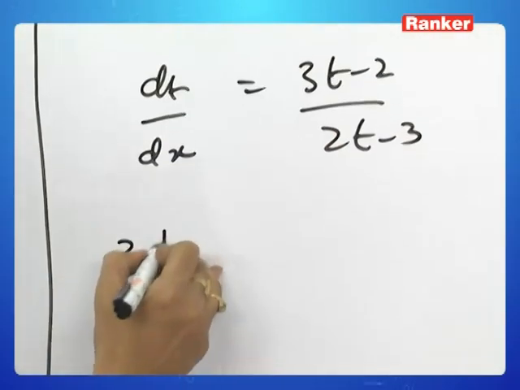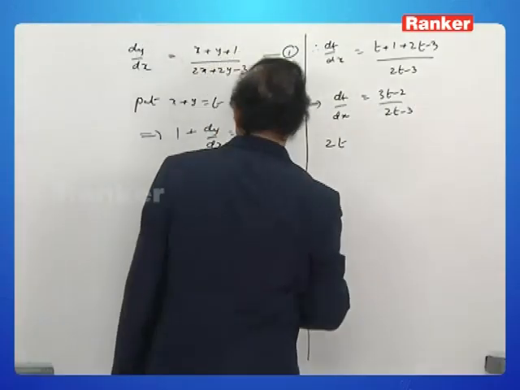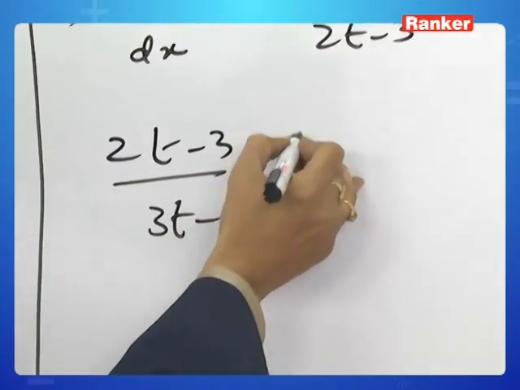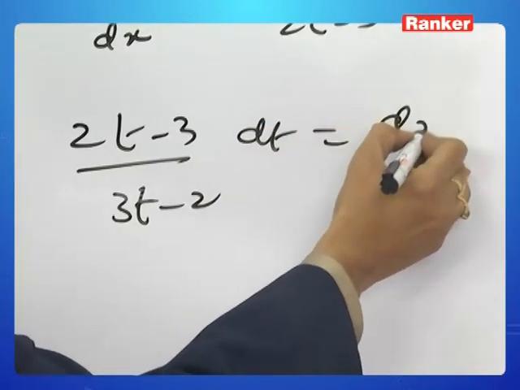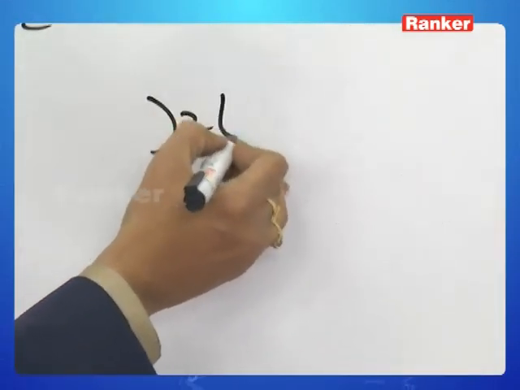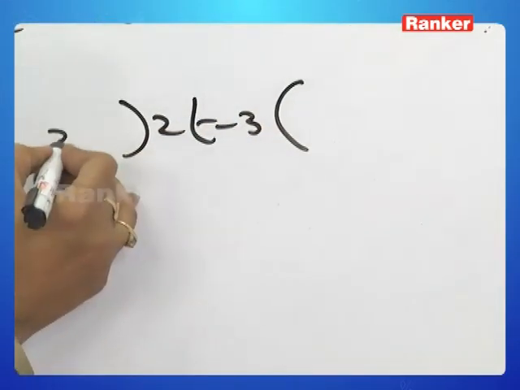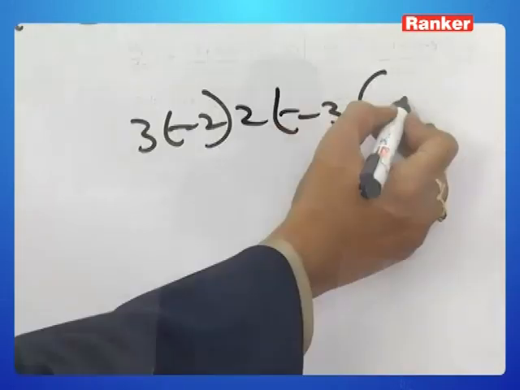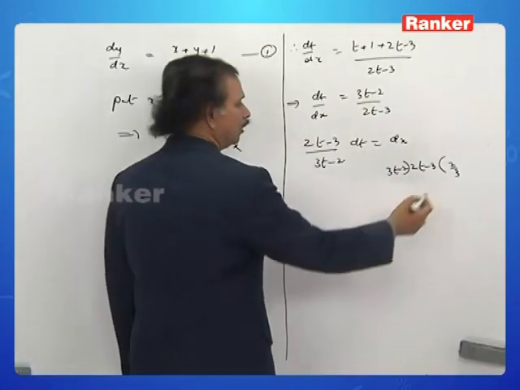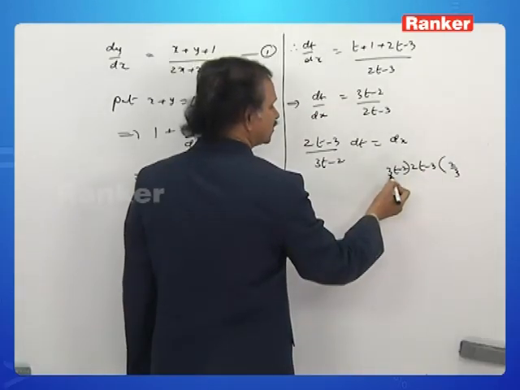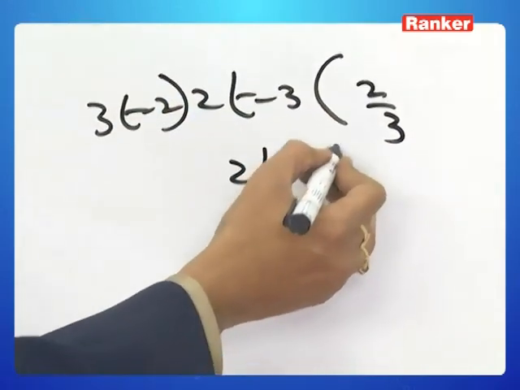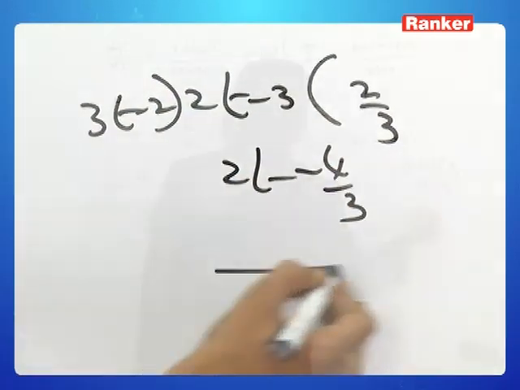Therefore, (2t minus 3) by (3t minus 2) dt is equal to dx. Dividing 2t minus 3 by 3t minus 2: 2 by 3 times 3t is 2t, and 2 by 3 into 2 is 4 by 3.